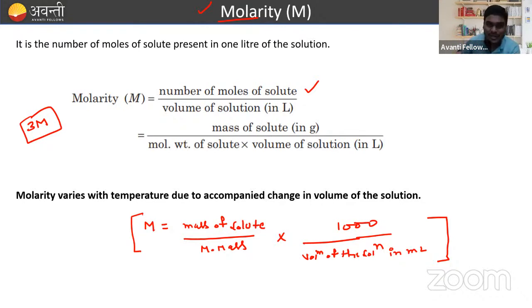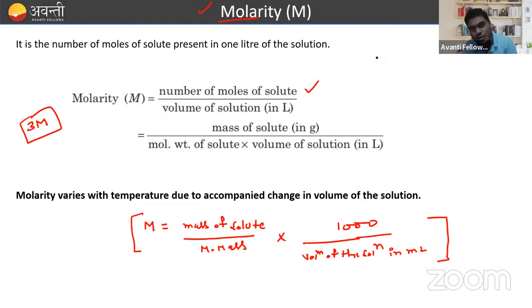So 3M means what? There is a very good meaning of this term, 3M. So 3M means 3 moles of the particular solute given, whether it is NaCl or glucose, anything. 3 moles of that particular solute dissolved in 1 liter of the solution is what is meant by 3M, right?